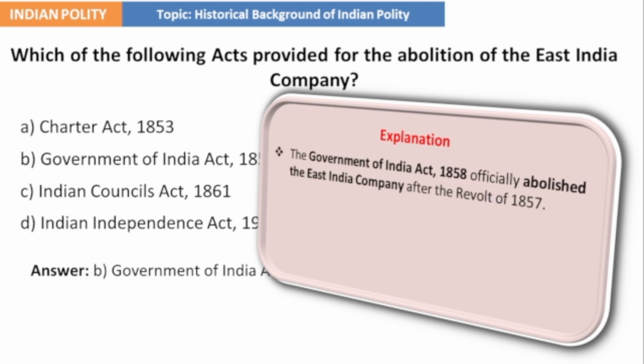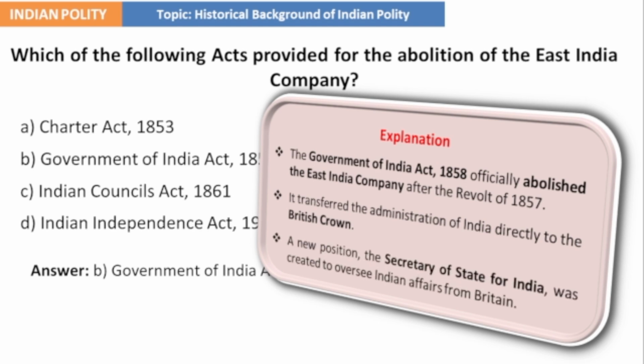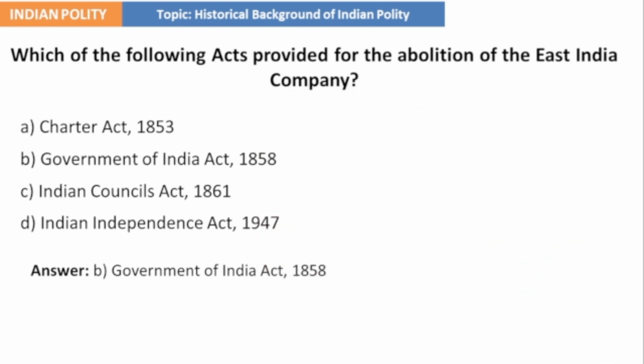The Government of India Act 1858 officially abolished the East India Company after the revolt of 1857. It transferred the administration of India directly to the British Crown. A new position, the Secretary of State for India, was created to oversee Indian affairs from Britain under this Act.